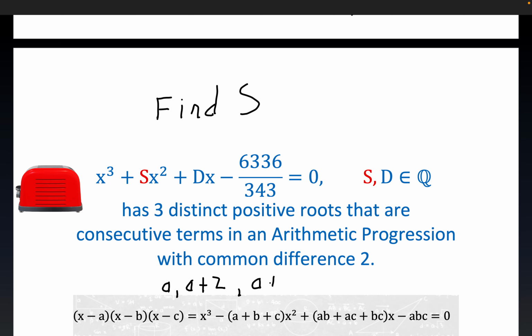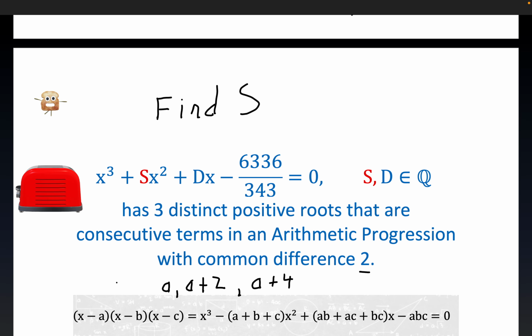So that's quite a bit of structure, actually. The very first root is an unknown A. The next root is A plus 2 and then A plus 4, because the common difference is specified to be 2. Okay? Now, this would just be called B, and this would just be called C, as far as the way this is developed down here.